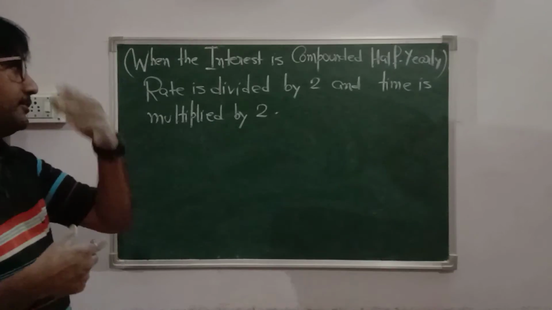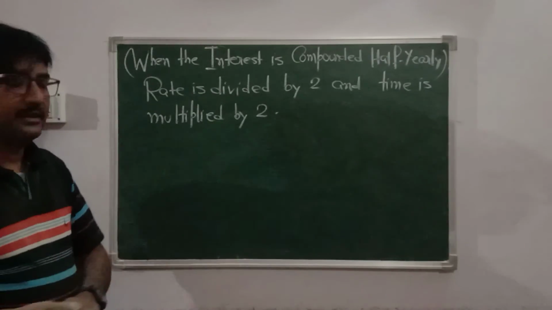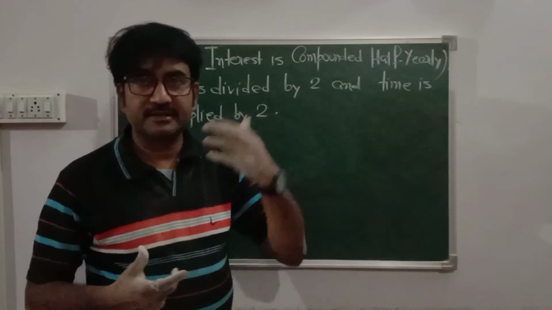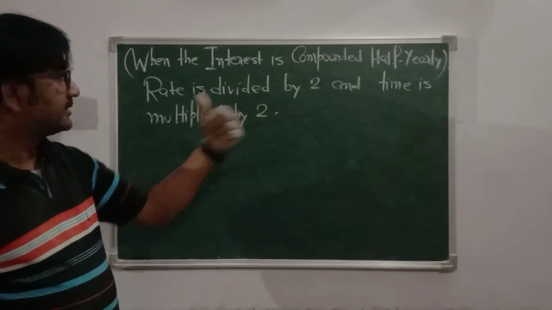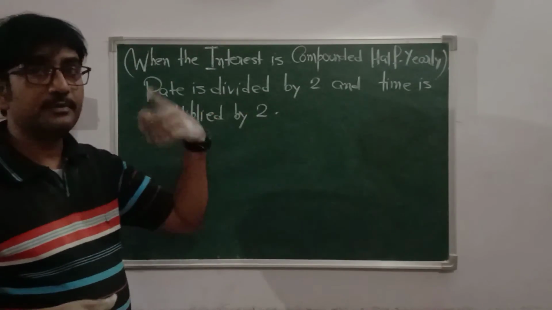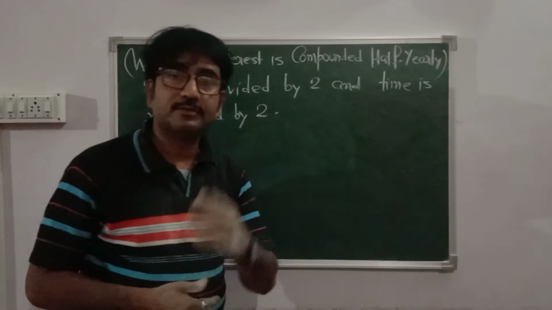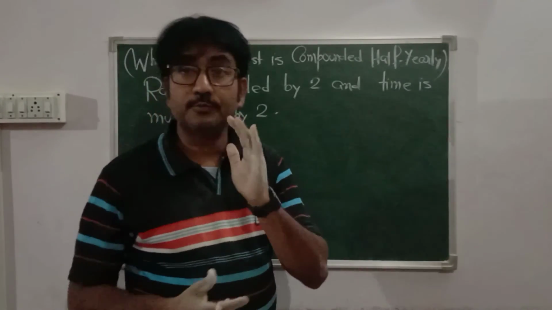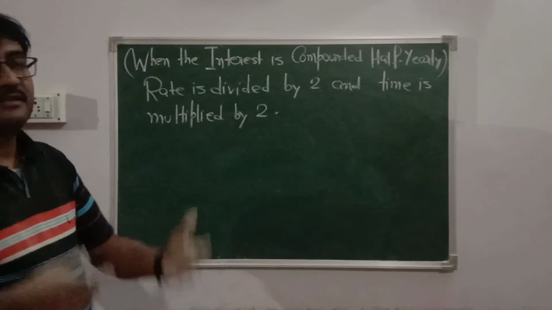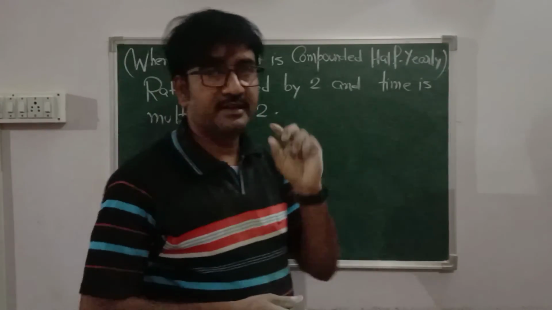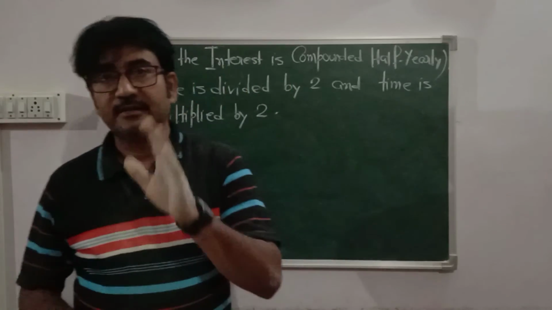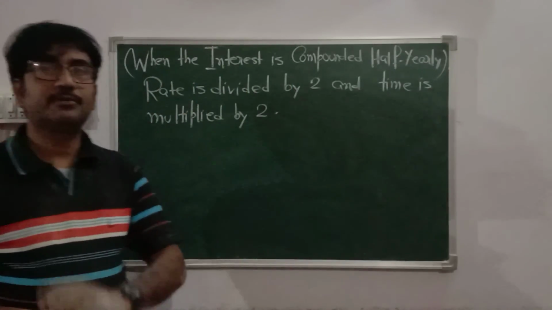So in that case, suppose it is 1 year, then 1 year means how many half years? 2 half years. So time is 1 year, time multiplied by 2, that is 2 into 1 is 2, but that 2 is 2 half years, not full years. And if the rate is 10%, make r by 2, that is 5%. For each half year, the rate will be 5%, and the time will be 2 half years.